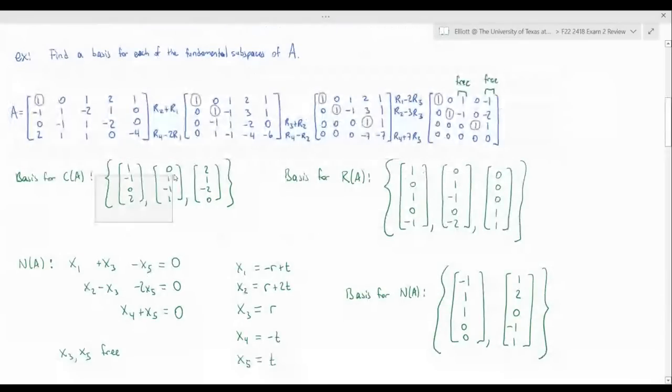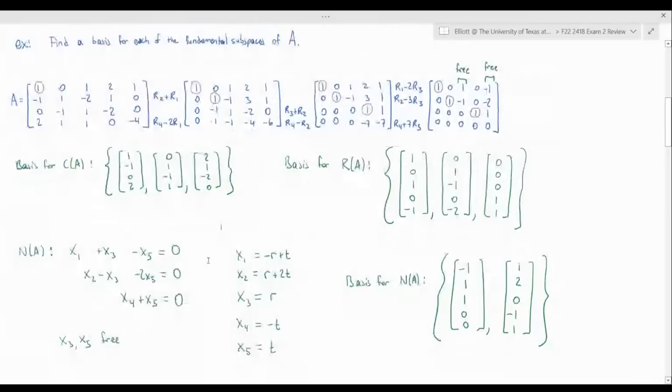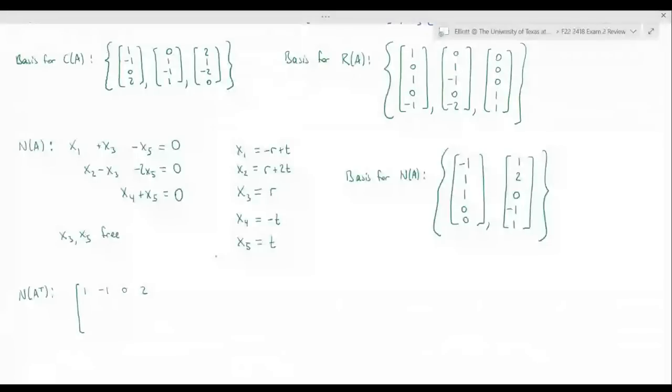But what you can do for the left null space is take the basis for the column space that you found previously, put those into a new matrix as rows. And then you're going to want to find the null space of this matrix here, okay?